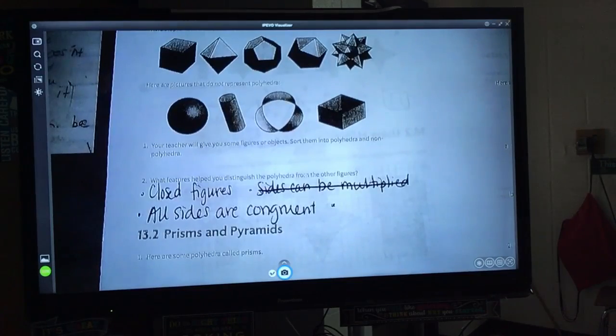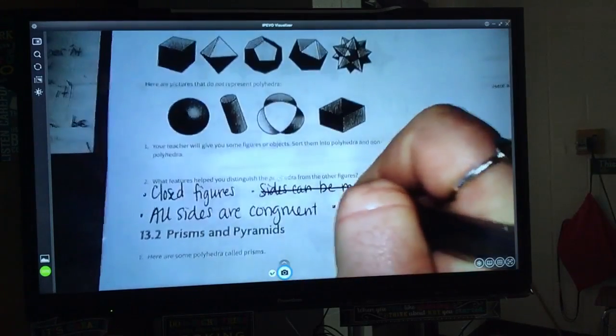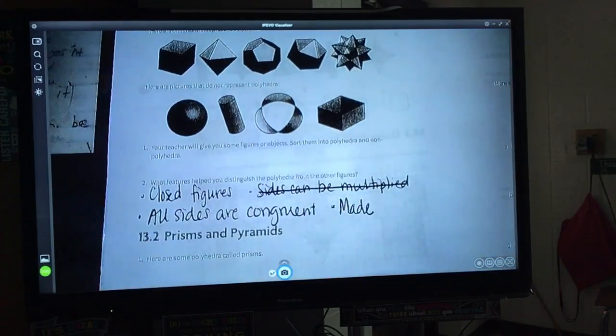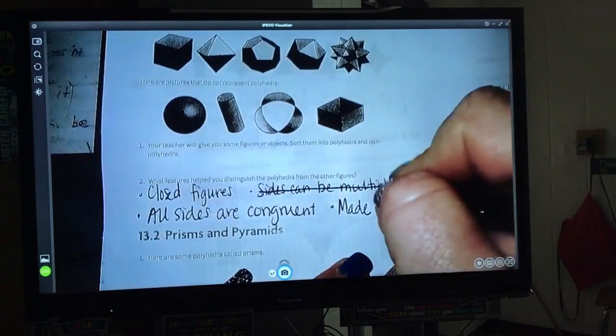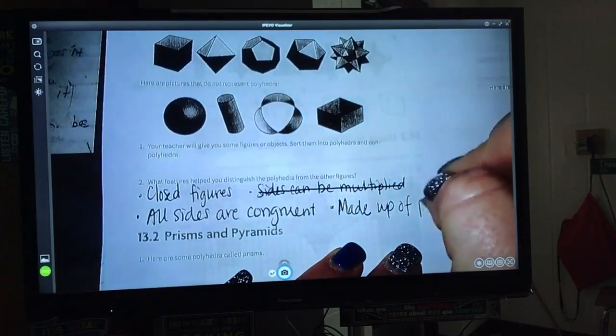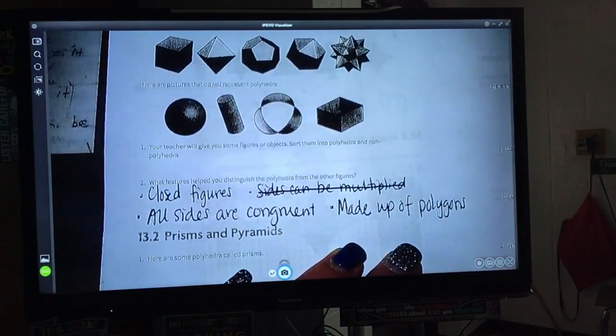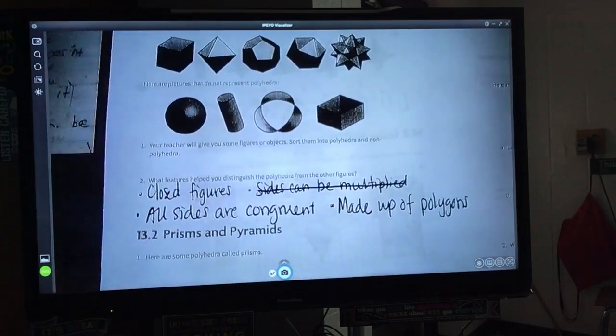The ones on top are like 3D polygons. The ones on the bottom are kind of odd. So made up of polygons? Okay, so we're gonna go with just the made up of polygons.